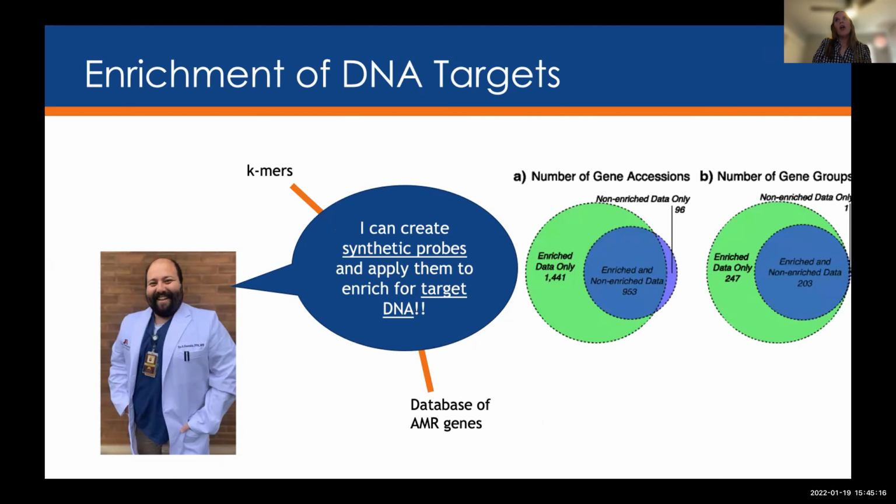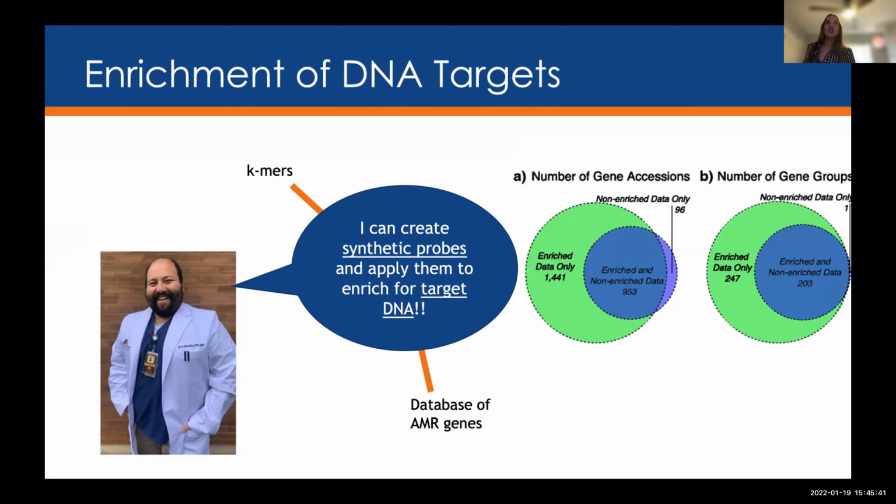So we have applied this technique to enrich for AMR genes, and it worked successfully. Here are the results that we had from a prior study, and here we used short reads. What you're going to notice is that we are able to enrich for a lot more AMR genes than were seen in the unenriched data.